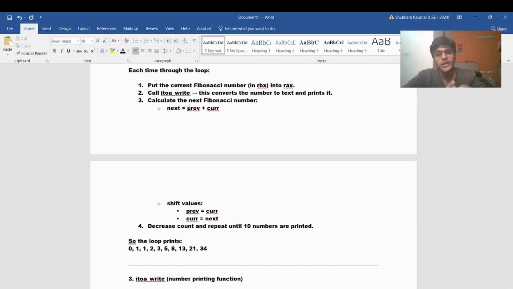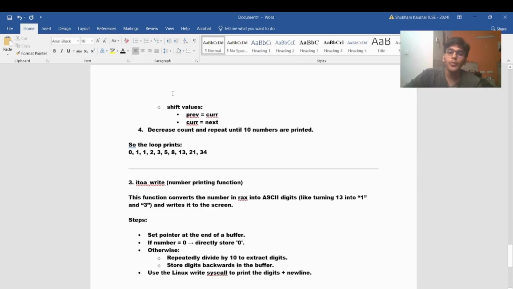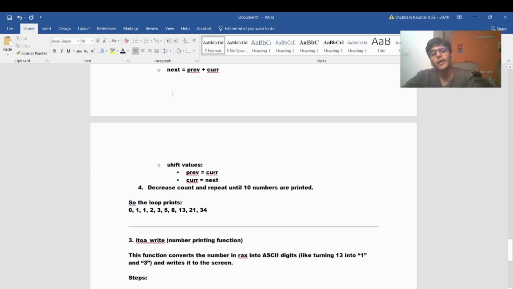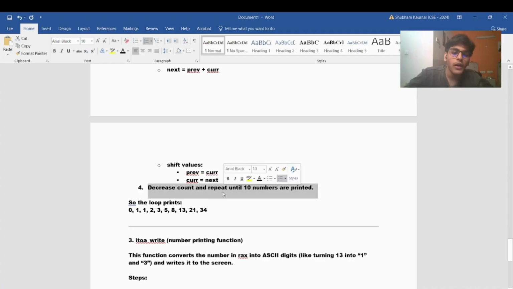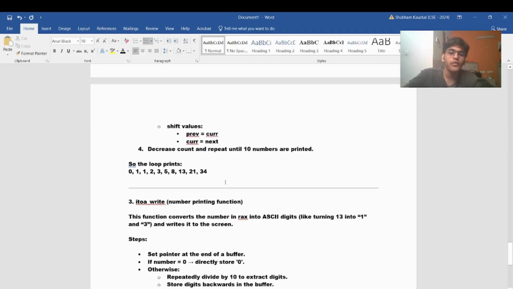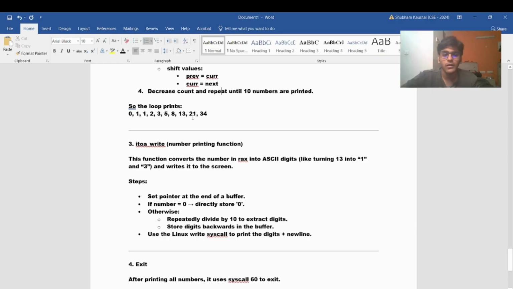Next is the sum of previous and current. After this sum is calculated, the previous becomes the current, and the current becomes the next. This loop will keep running until we get 10 numbers, until the count is completed. The count will keep decreasing after each turn.